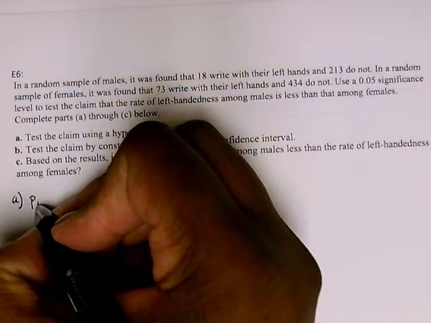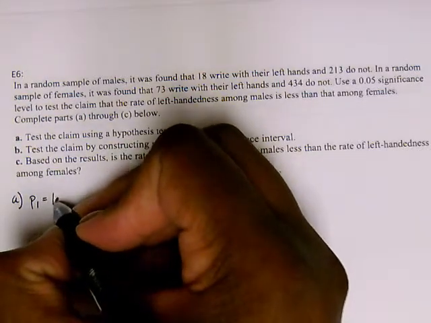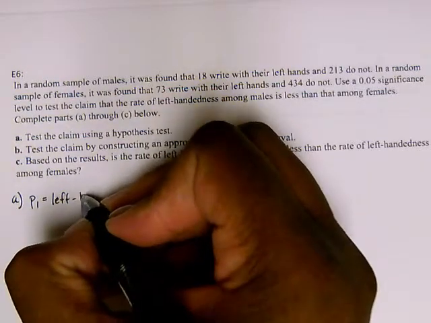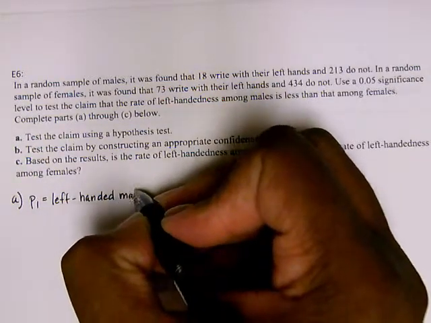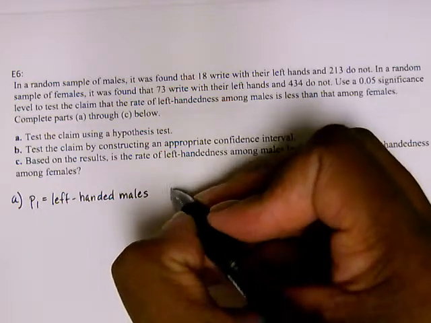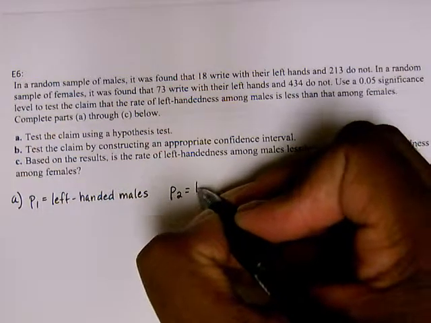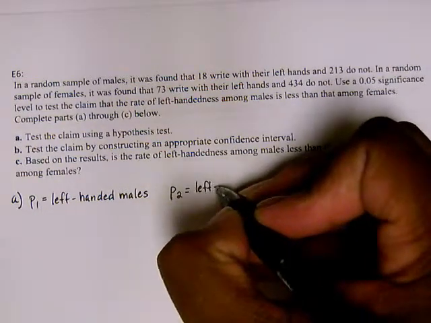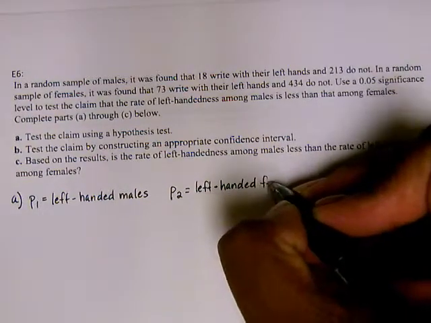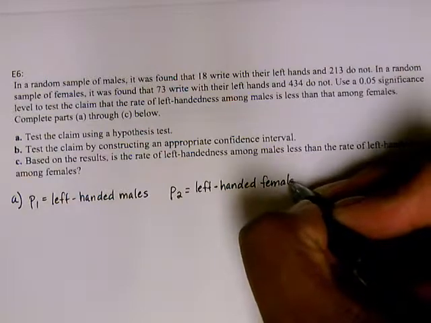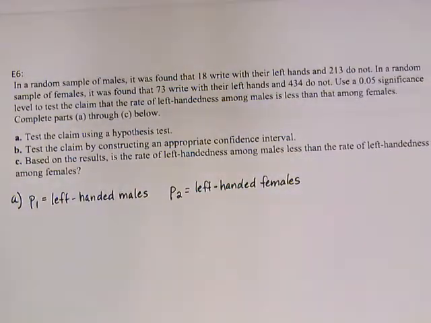Now I'm going to identify p1 as the left-handed males, and p2 is going to represent the left-handed females. So p1 is your left-handed males, p2 is your left-handed females.